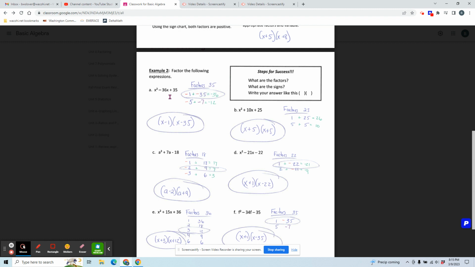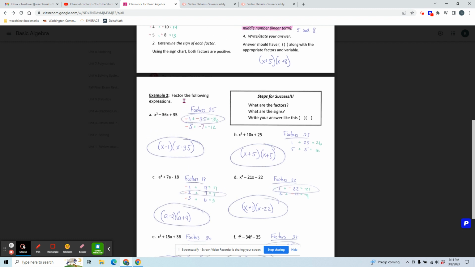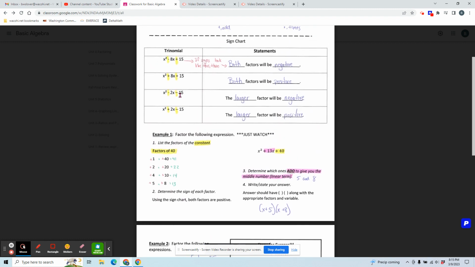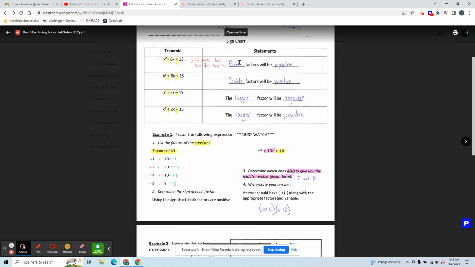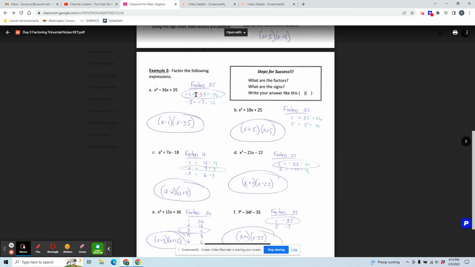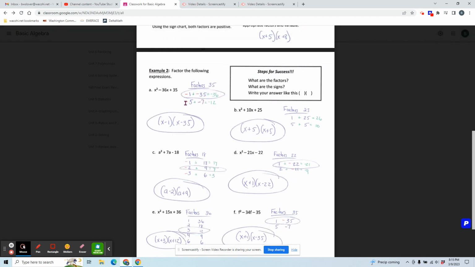So it says negative, positive. So I go up here and it says negative, positive is right here. Both factors will be negative. So I put a negative in front of both sets of factors. And now I see which ones add to give me the middle term. Negative 1 plus negative 35 is negative 36. There's my winner. So I write x minus 1 times the quantity x minus 35.